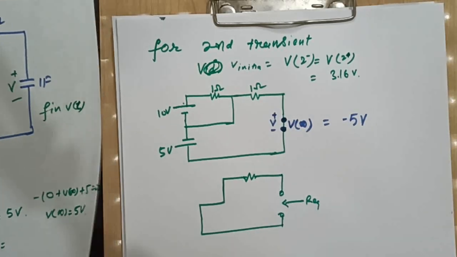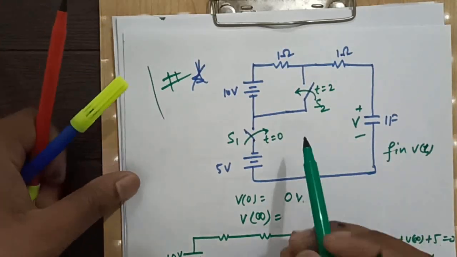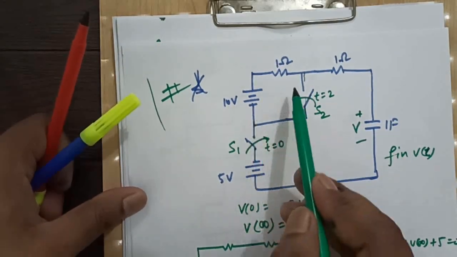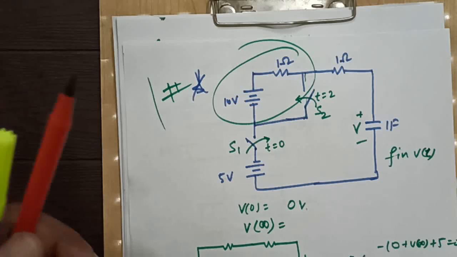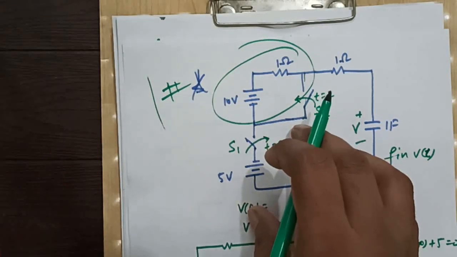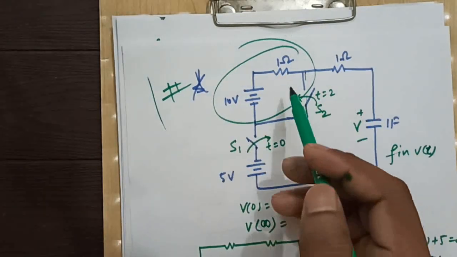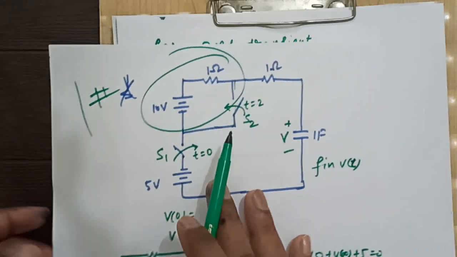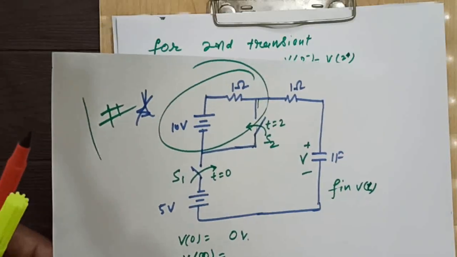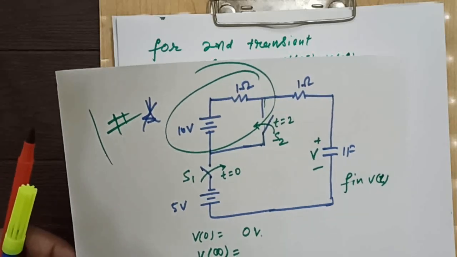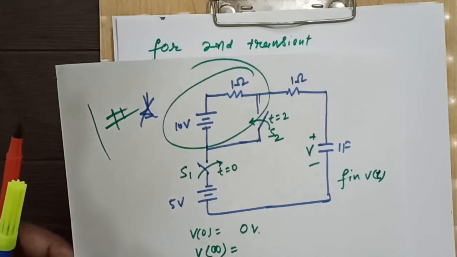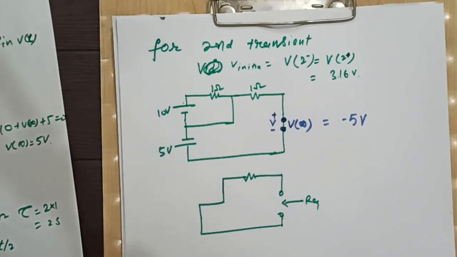Now see, after introducing the second transient, this will get short circuited, and this section of the circuit will have no significance as this is short circuited. As I have already told you in our first lecture or second lecture, an element connected in parallel with a short circuit can be neglected.